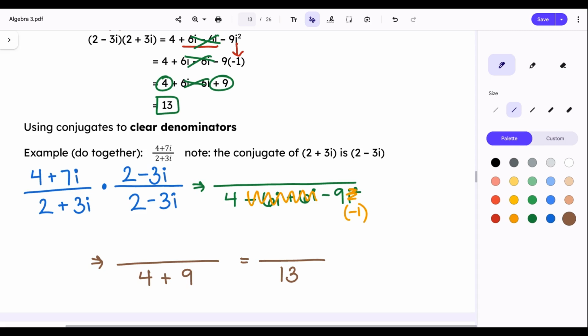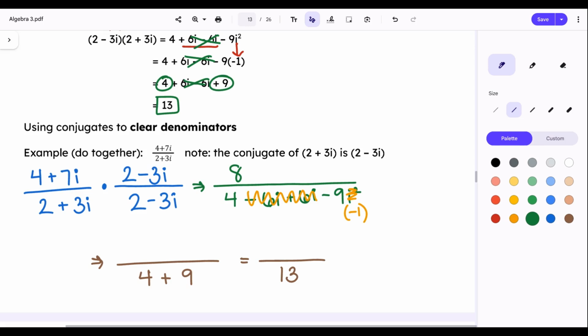I didn't do anything with the top yet, so let's go back to that and figure that out. So on the top, you can notice that they are not the same two quantities. They are different. So when we FOIL here, it's not going to just cancel off like we saw in the last one. Okay, so let's go ahead and FOIL those. So for your first terms, it'd be 4 times 2, which is 8.